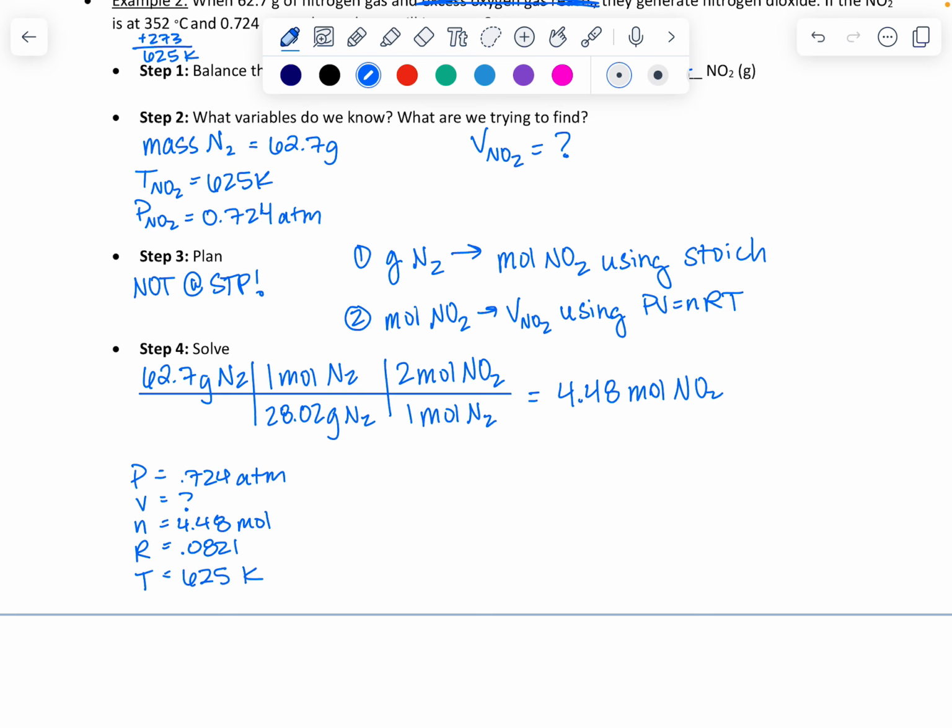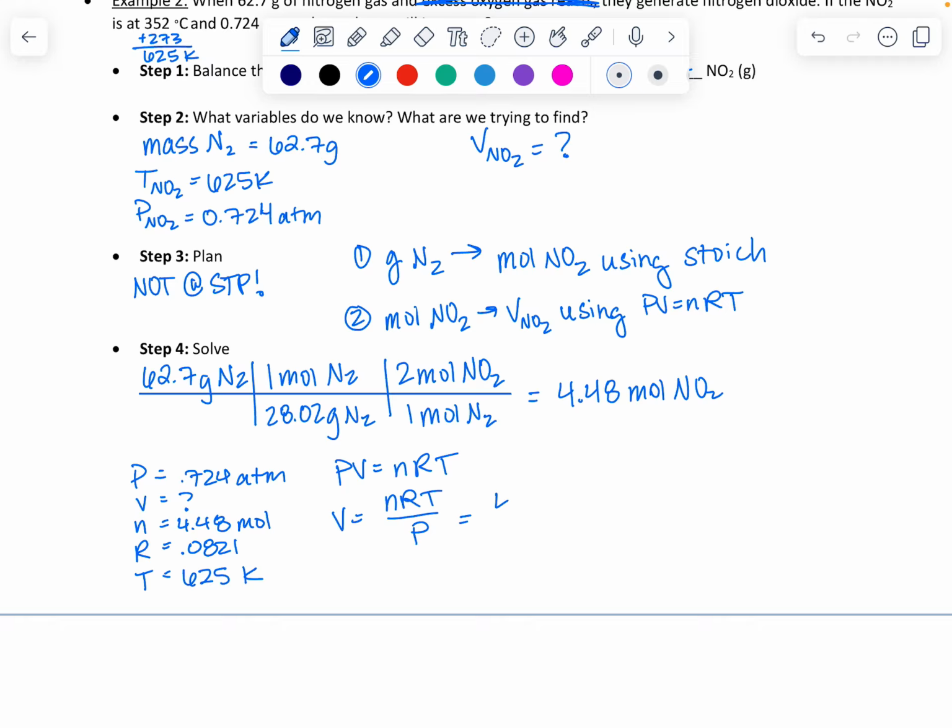So we're going to go ahead and solve for V. PV equals nRT. To get volume by itself, we're going to divide by the pressure on both sides. So V is going to be equal to nRT over the pressure. And we're going to go ahead and plug those numbers in and solve.